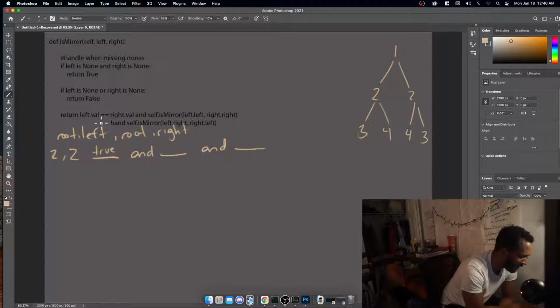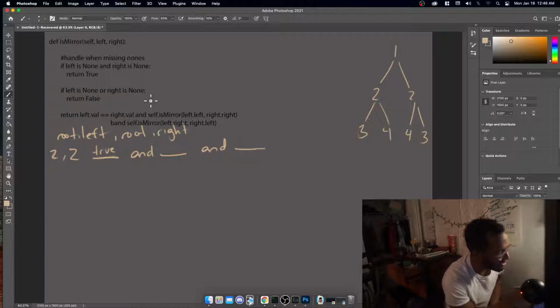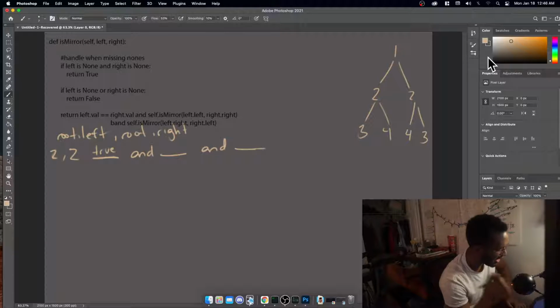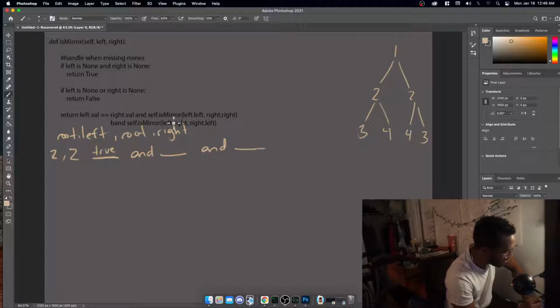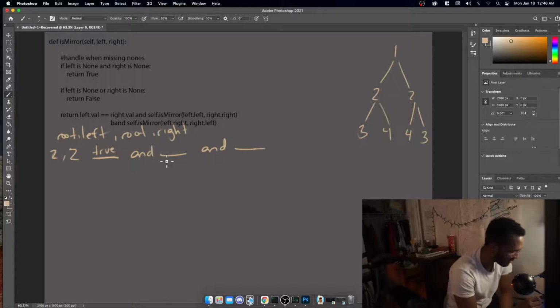And then we said, and self.isMirror. We're going to call isMirror with left.left and right.right, right? So we're going to draw a line down, a line not too long, and we're just going to say left.left and right.right.